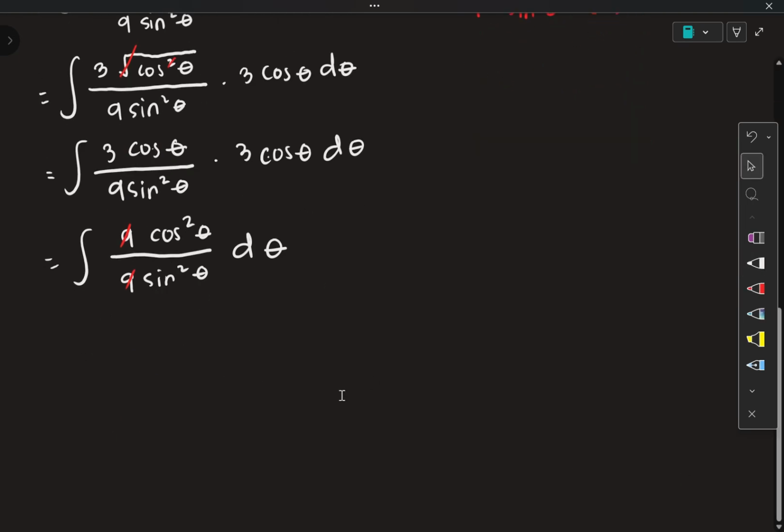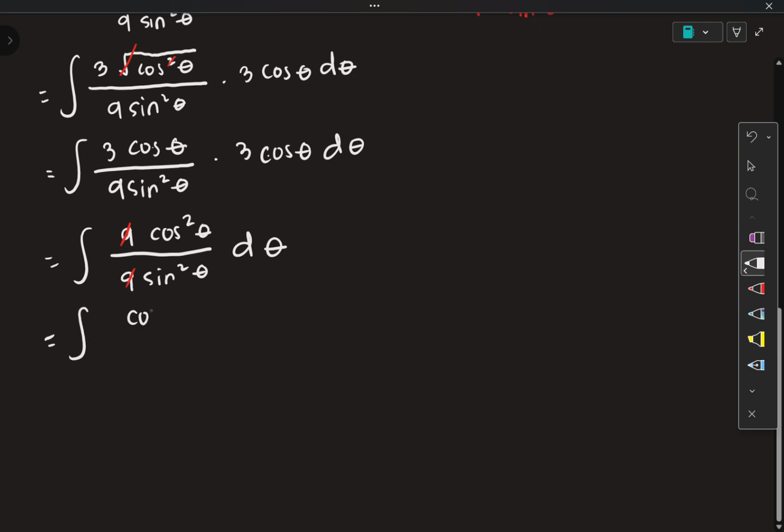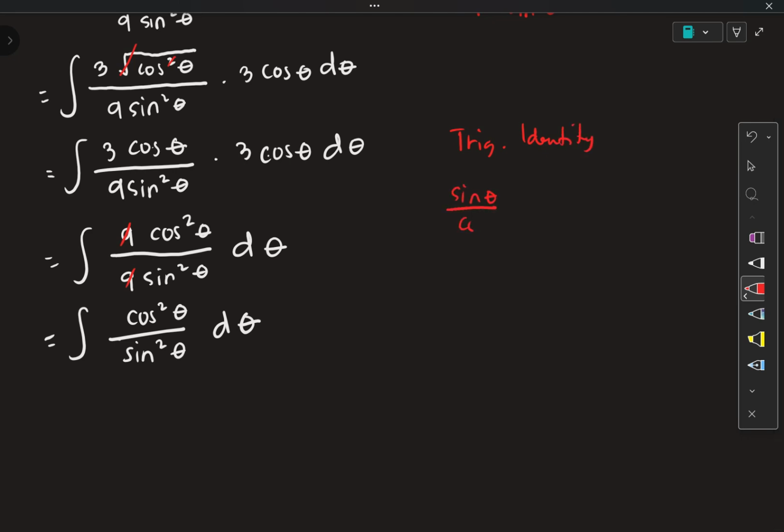What's left is the integral of cosine squared theta divided by sine squared theta d theta. Again, a review of the trigonometric identity: sine theta over cosine theta is equal to tangent theta.